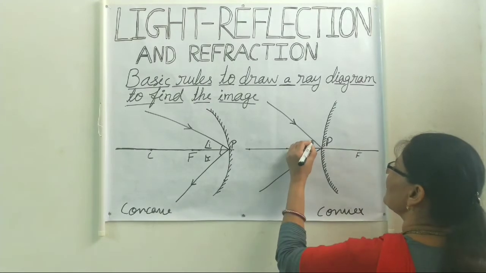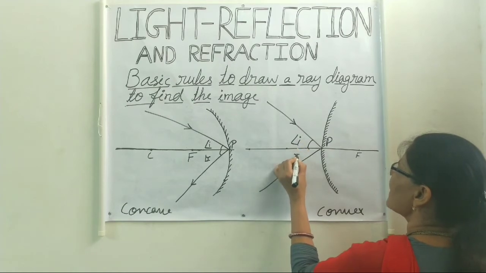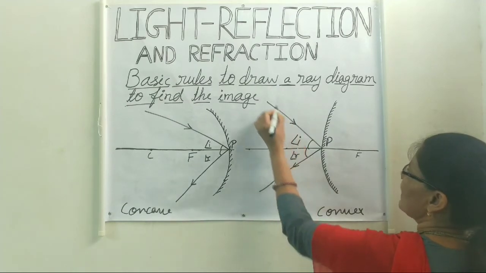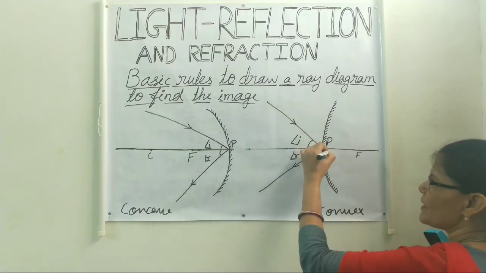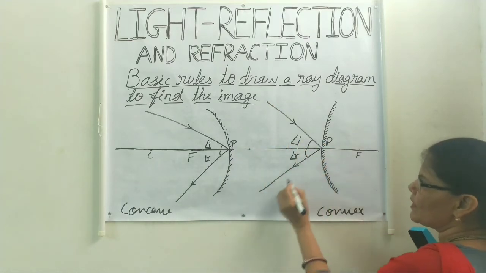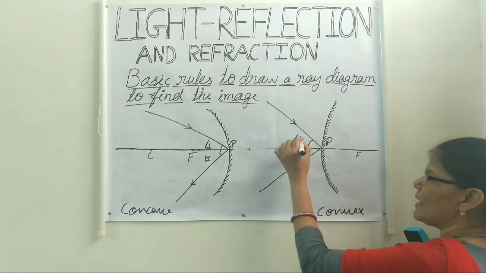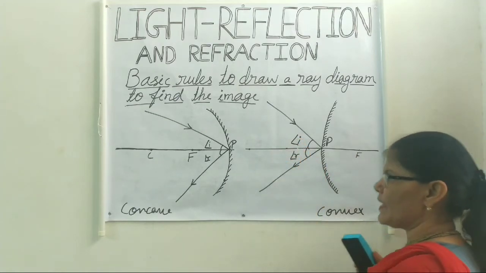This is the angle of incidence and this is the angle of reflection. The angle formed between the incident ray and normal is the angle of incidence. The angle formed between the reflected ray and normal is the angle of reflection. Angle of incidence is equal to angle of reflection. So this is the fourth rule.